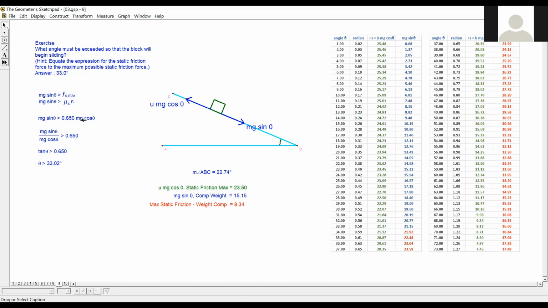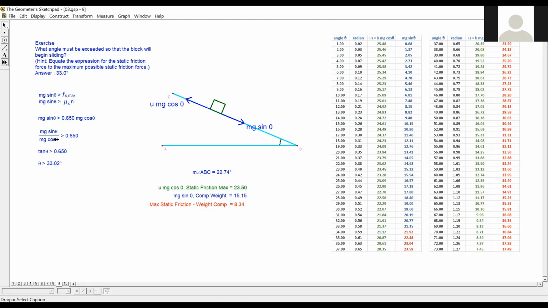I bring over this mg cos theta to the other side. So it will be mg sine theta divided by mg cos theta. The mg and the mg, they will cancel one another. As a result, sine theta over cos theta is greater than 0.65.